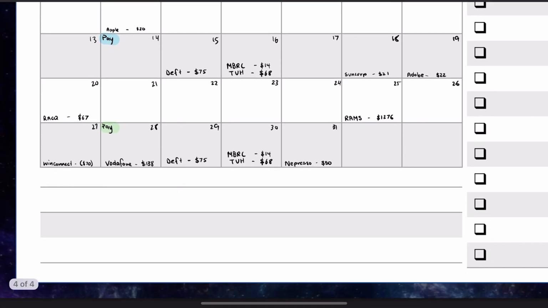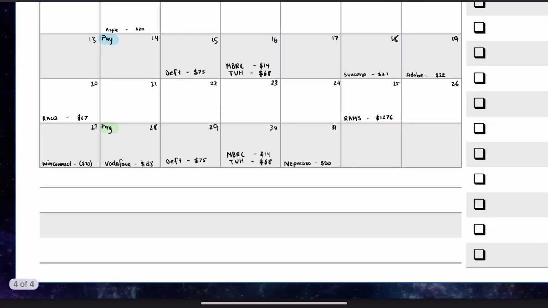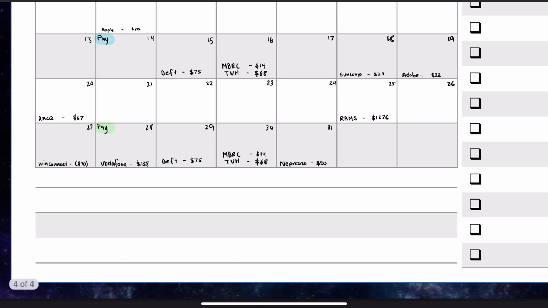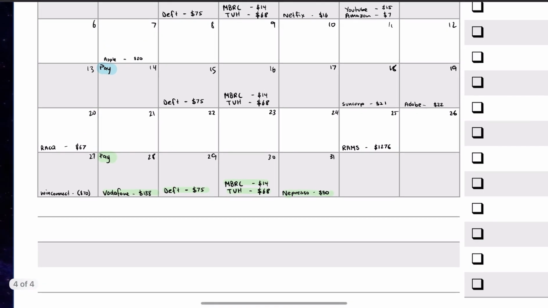All right, so anything in, let's make this smaller here. Anything that is in this pay fortnight will be highlighted there, and blue will be anything in the fortnight before that. So at the moment, like I said, it's a little bit skewed.